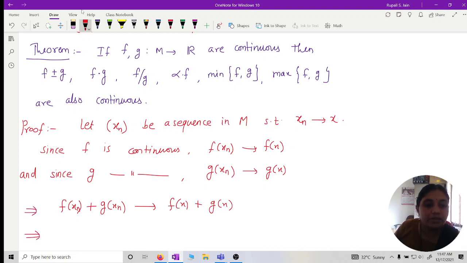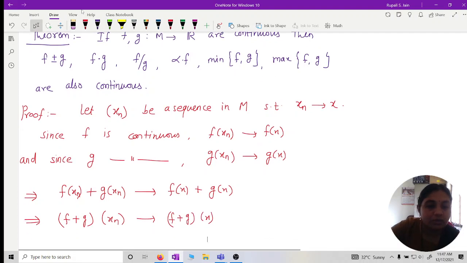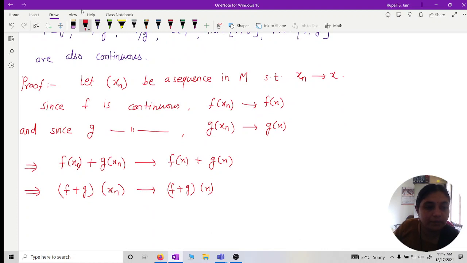So this implies (f plus g) of xn converges to (f plus g) of x. This implies f plus g is a continuous function.